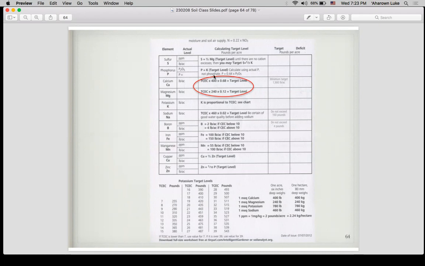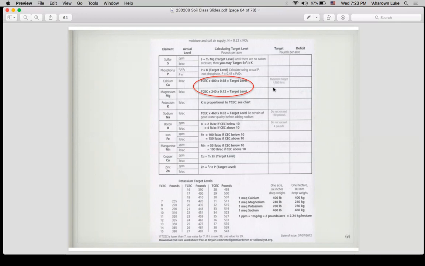So, with the creation of your own fertility scheme, you also have warnings, like boron can be toxic. If you get too much boron in there, you're not going to be able to grow anything. So he's putting a warning here that you don't ever want to exceed 4 pounds per acre in each application per year. Some of these warnings are for sodium, or for calcium, where it's actually a minimum.